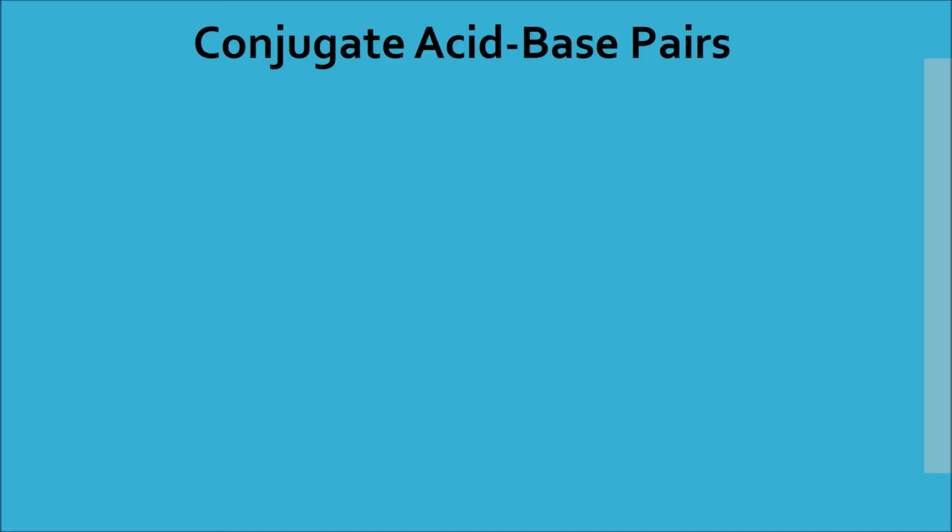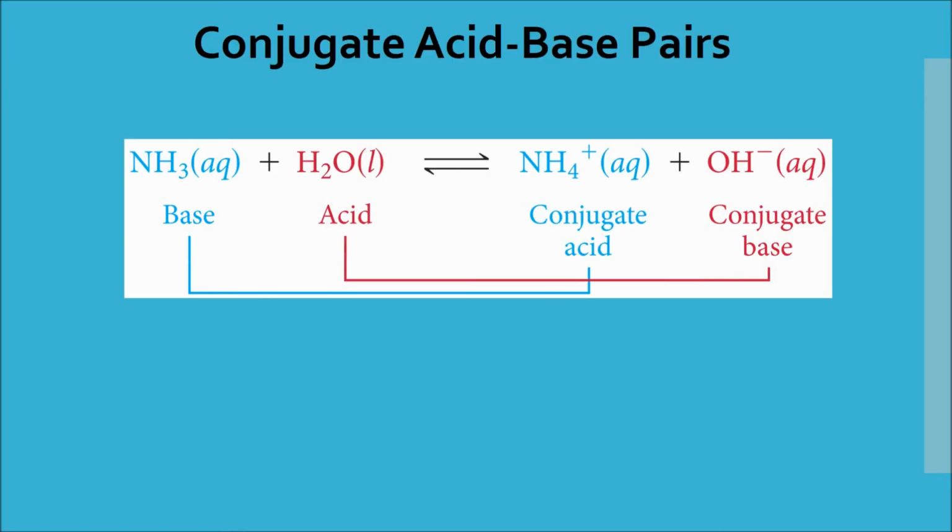Now, the conjugate acid-base pair relationship is something that is very important. Basically, what it says is that in an acid-base reaction, the starting base will react to form the conjugate acid, and the starting acid will form the conjugate base.